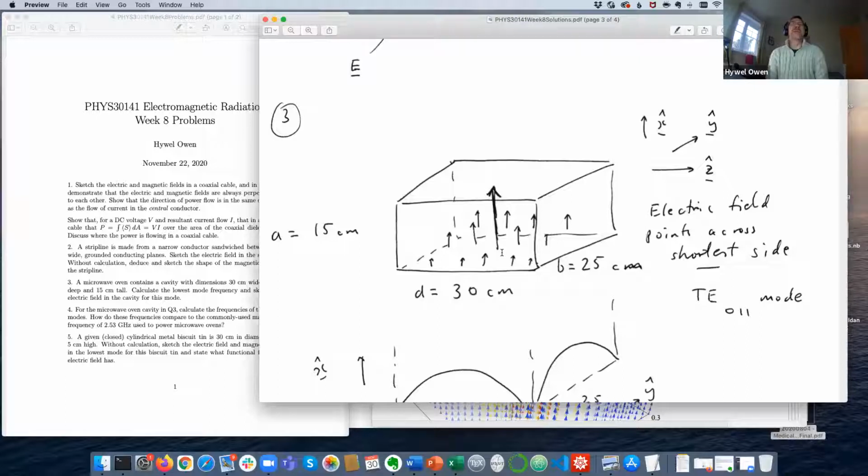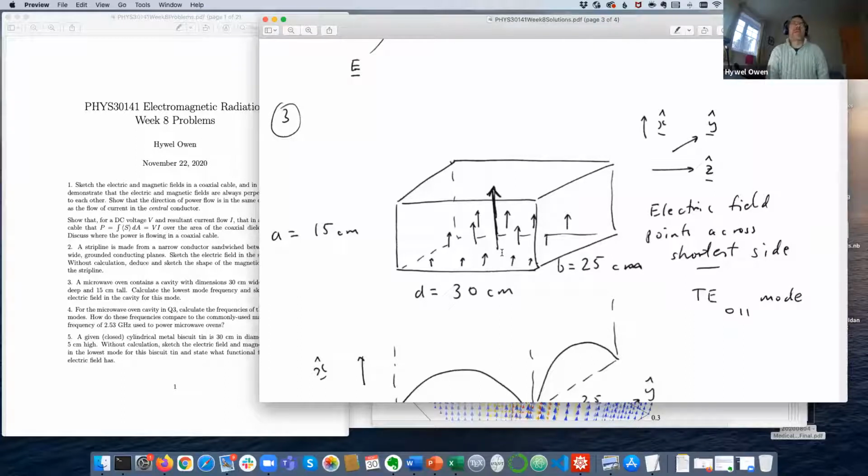My B size is the next one, that's 25 centimeters. And my D size is 30 centimeters. By defining it in that way, I have implicitly defined the directions of my X, Y, and Z vectors that we conventionally use. Now you could define all of these in any order you like, but it's easier to remember it this way round.